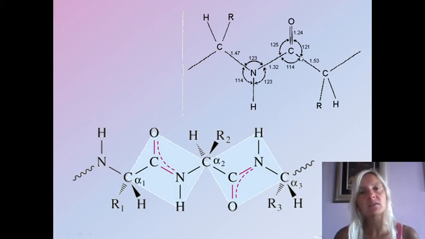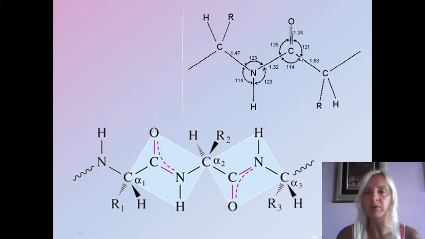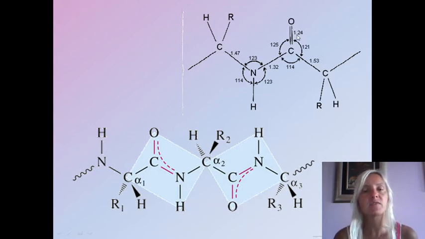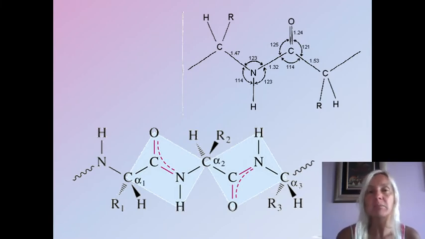People calculated the lengths of the specific bonds. The common length of a single bond is 1.53 angstroms, and the common length of a double bond is 1.24 angstroms. When the length of the peptide bond was determined, it was 1.32, which is exactly in the middle between 1.24 and 1.53, which proves that the peptide bond is somewhere in between the single and the double bond.